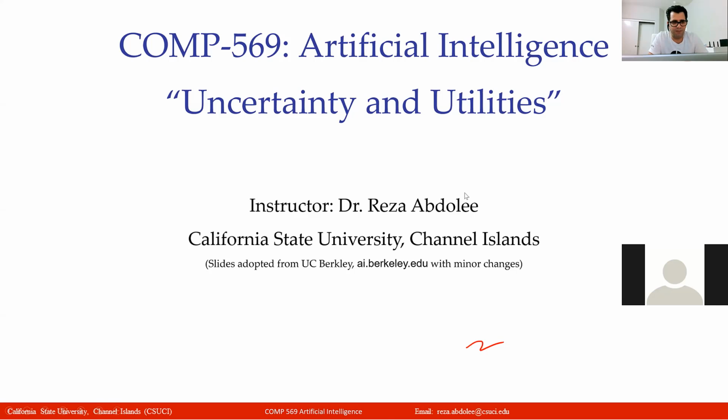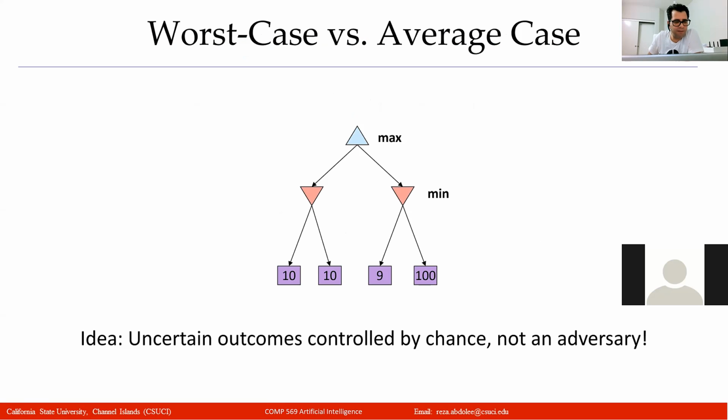All right, so the topic of today's lecture is uncertainty and utilities. Last week, we talked about the minimax algorithm and adversarial search, when we have two players and one player is trying to maximize the utility, and the other player is trying to minimize the same utility.